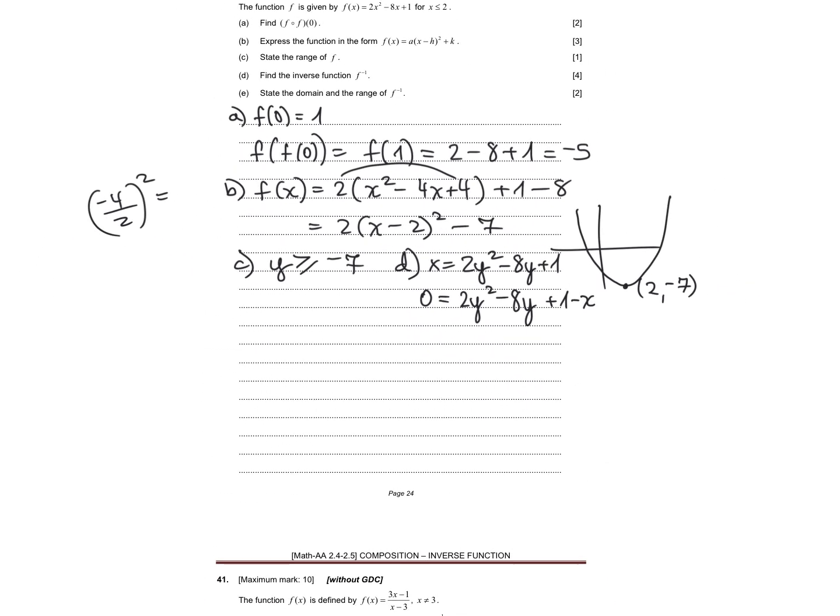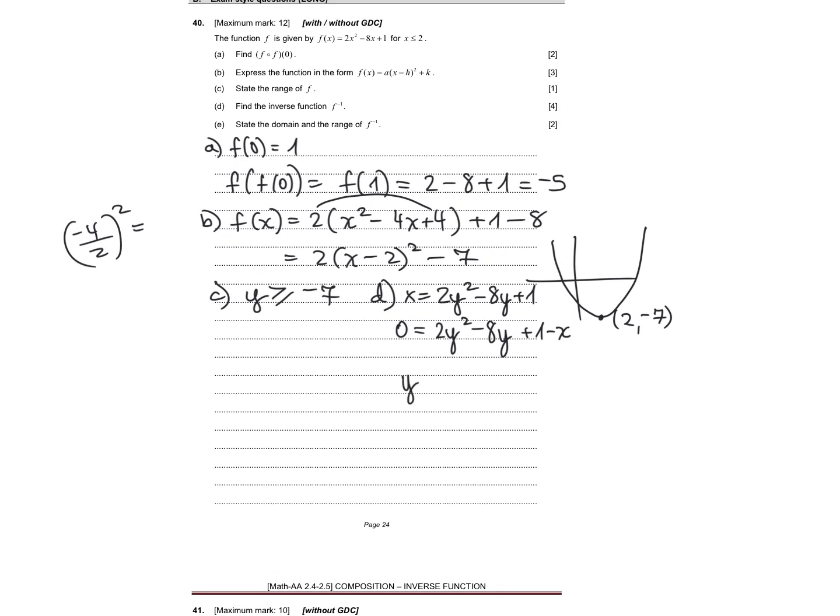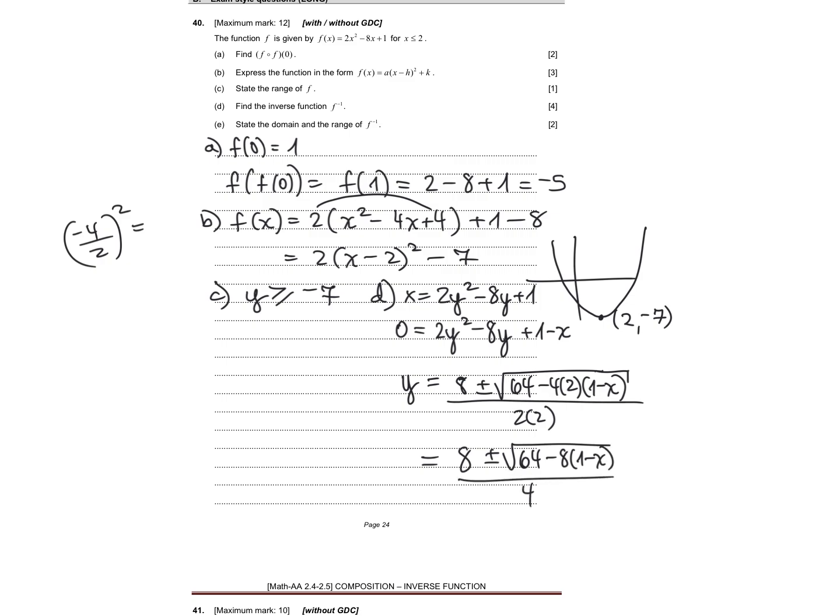So if we want to solve for y, that's -b, so 8, plus or minus the square root of b squared minus 4ac, which is 1 minus x, all over 2 times 2. So 8 plus or minus the square root of 64 minus 8 times (1 minus x). I don't know how far down they want this to go, so we can probably just leave it like this.